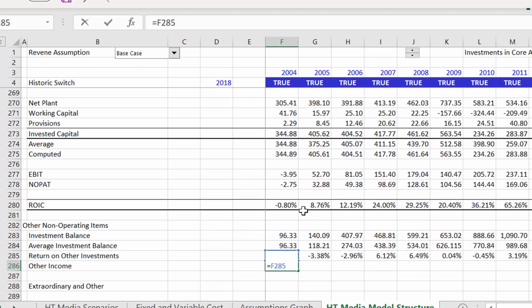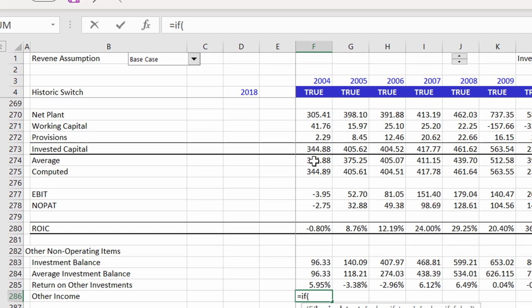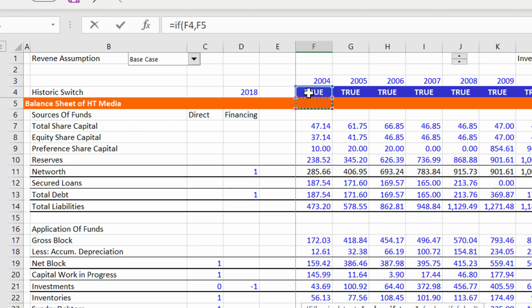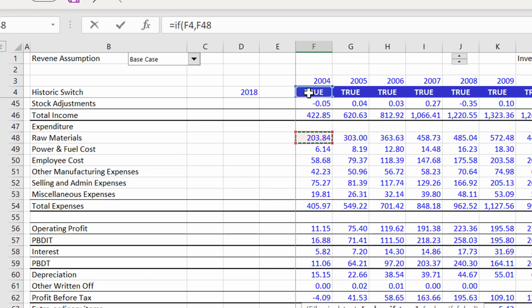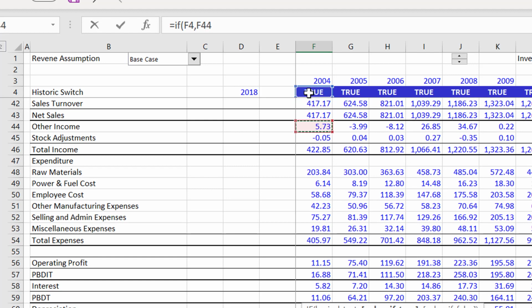Then I'm going to multiply this, but I'm going to do the old thing. I'm going to do the if it's the historic switch, just again to remind you how to do that. If it's the historic switch, let's go all the way up to our profit and loss statement and find all the other income.